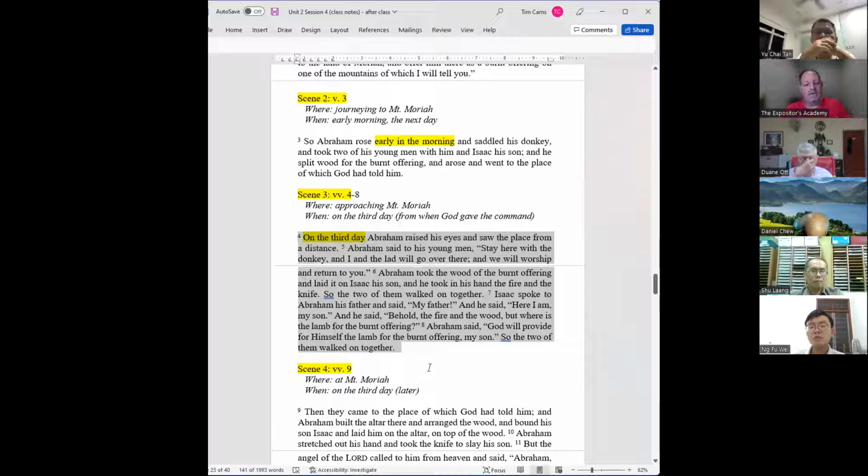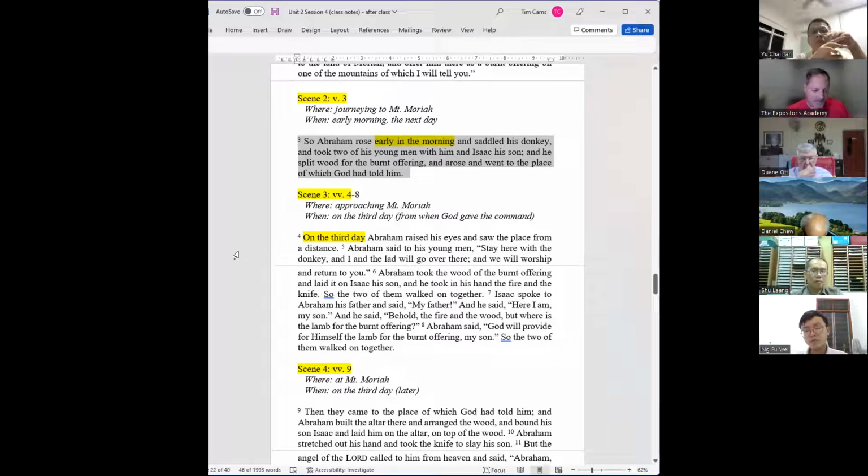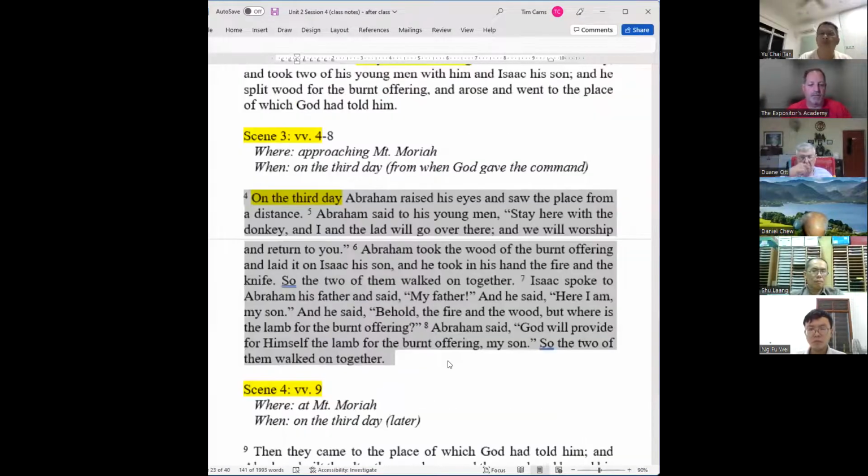And why does the author decide to include this? He skips everything from day 2. He only mentions this brief statement from day 1. But on day 3, as they approach the mountain, the author includes this short dialogue between Abraham and Isaac.